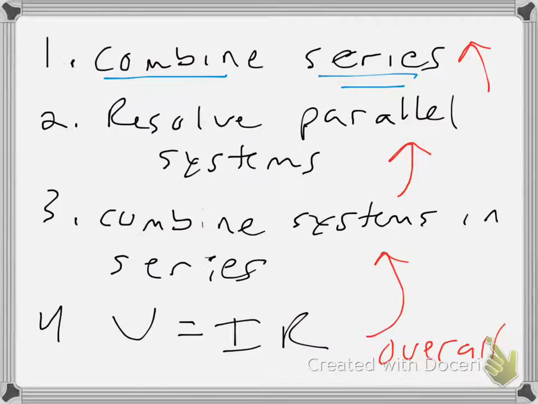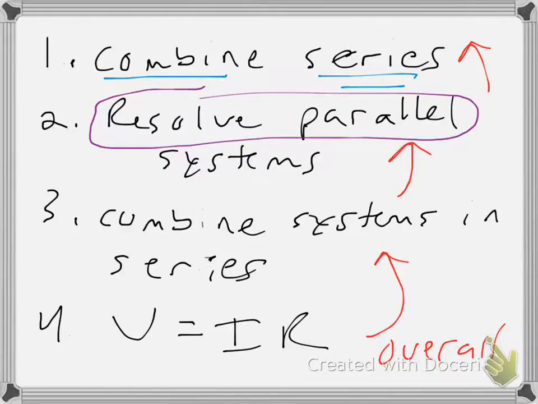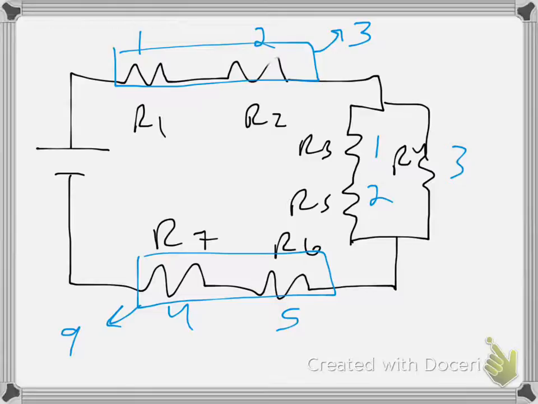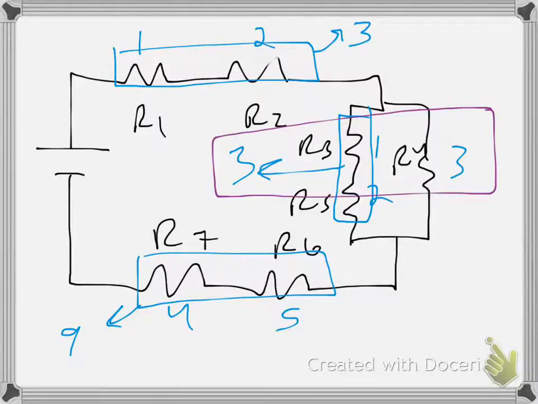Rule 2 says resolve parallel systems. I skipped one. Look at this little series system hanging out here. 1 plus 2 is 3. Now I'm ready for the next step, which is to resolve this parallel system.